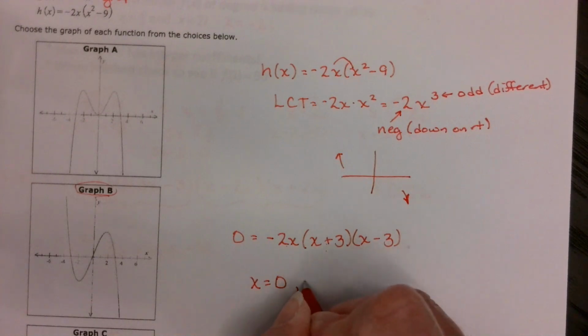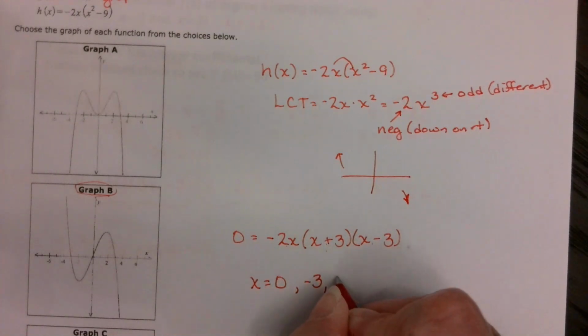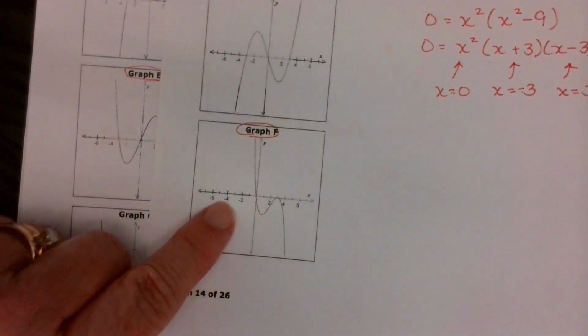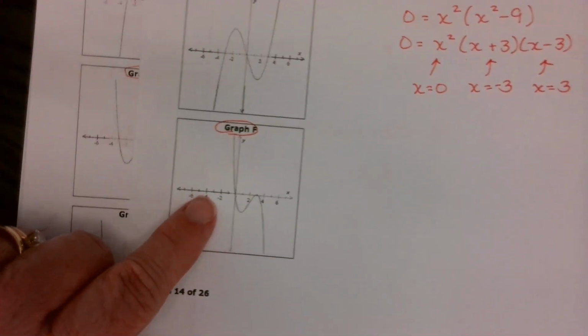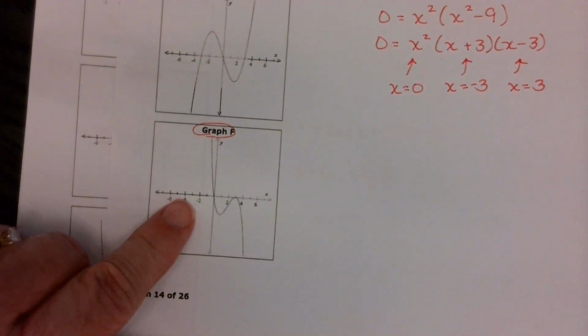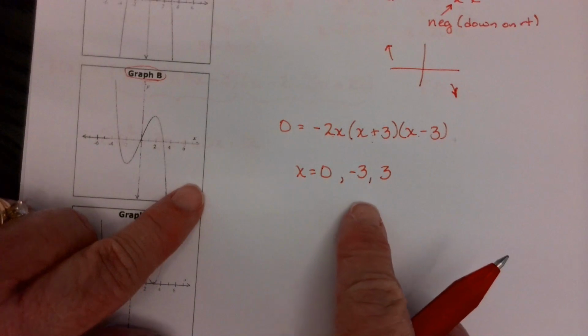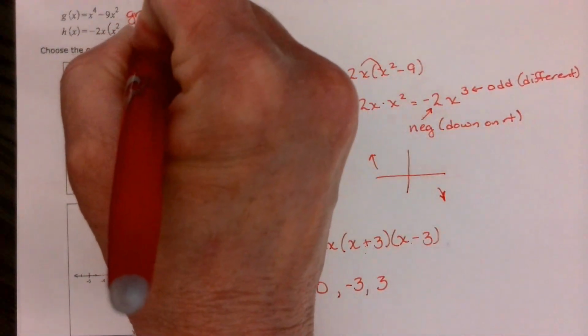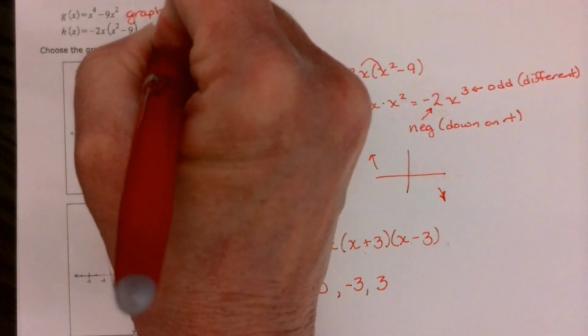Here, x would be negative 3. Here, x would be 3. So that one would have to be this one, because this does not have a negative 3. So it's graph B.